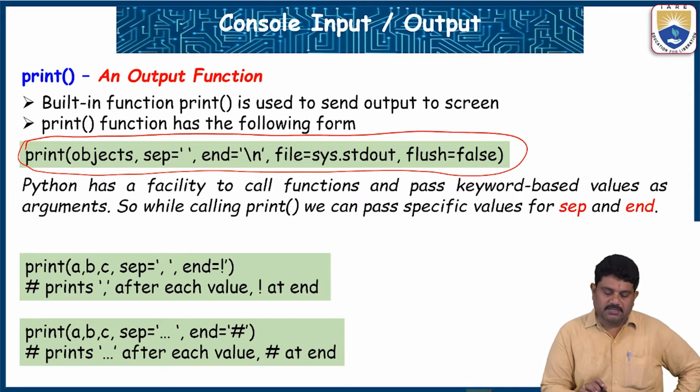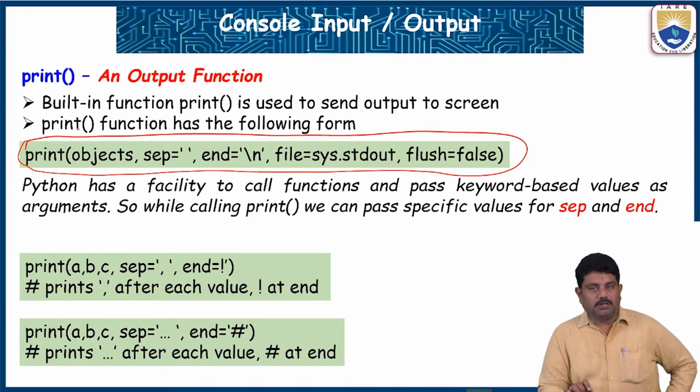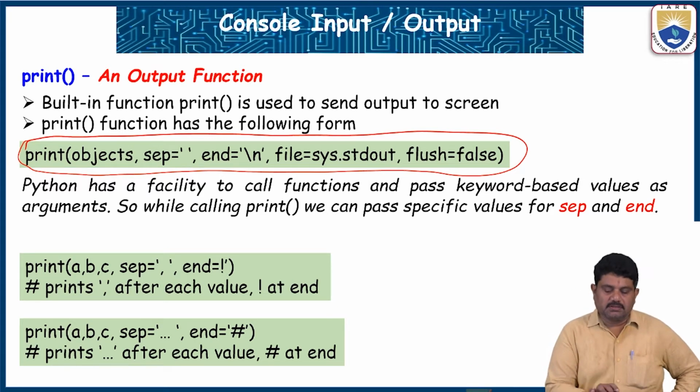File equals sys.stdout means the print function is available in the standard input and output libraries. And flush means flushing the strings. So this is the syntax for the print function. In this, by default the separator is a space and by default end is a backslash n. If you want, you can change.